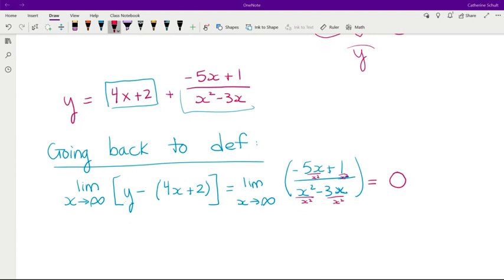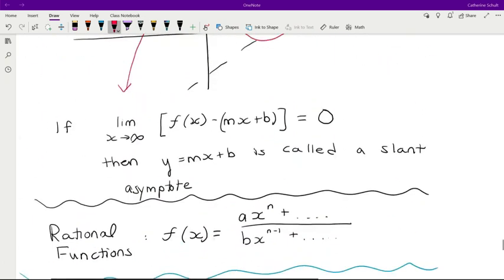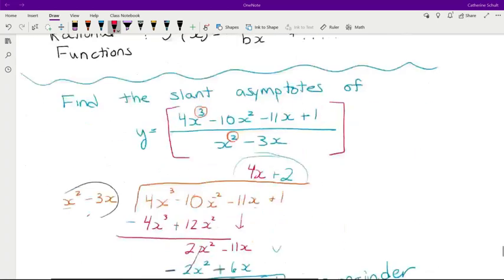Okay, so we just fulfilled this requirement. The limit as x goes to infinity of the function minus mx plus b is equal to 0. That means this is our slant asymptote.